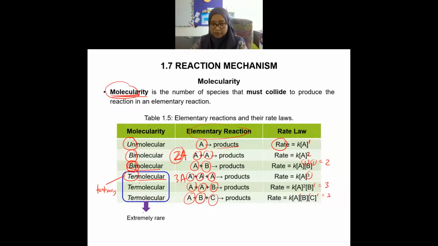Okay, however, these termolecular reactions are extremely rare. Okay, because kenapa rare? You kena imagine collision tu untuk produce product tu, dia kena berlanggar, tiga-tiga tu kena berlanggar at once, serentak. And the orientation must be correct and also the energy should be sufficient.